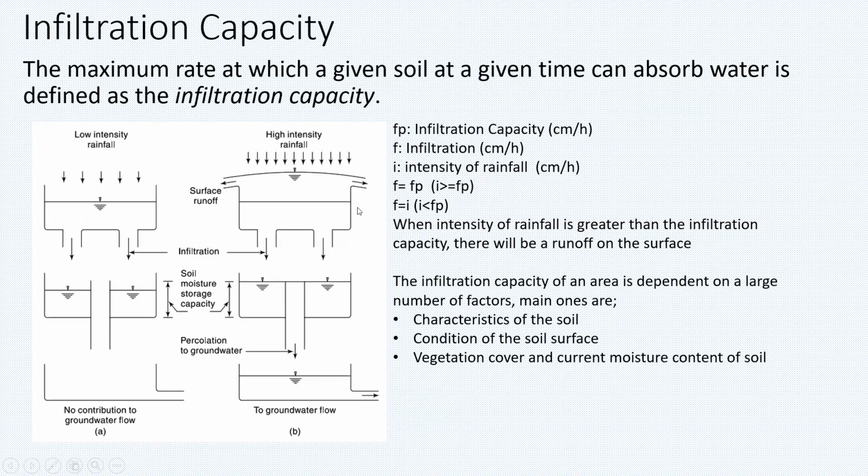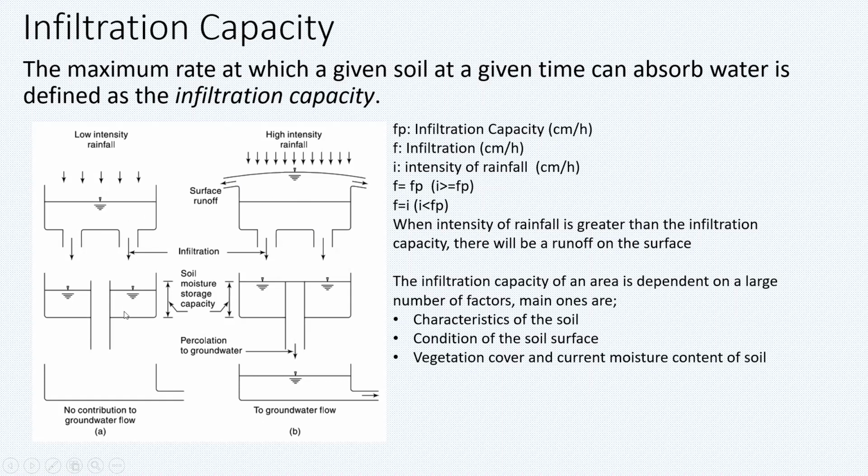What happens is that if the infiltration flow taking place into the ground is higher than the intensity of rainfall, there won't be overflow of this bucket, right? Which represents the soil surface.